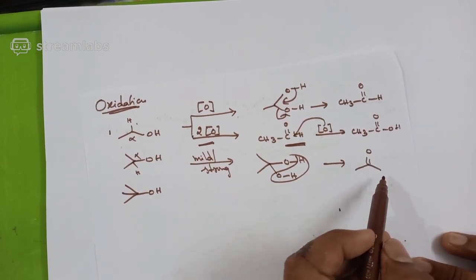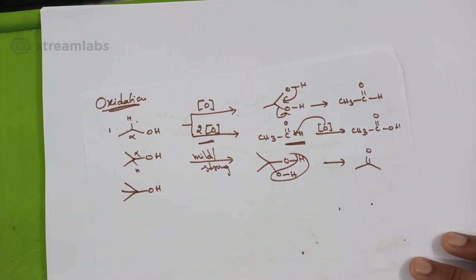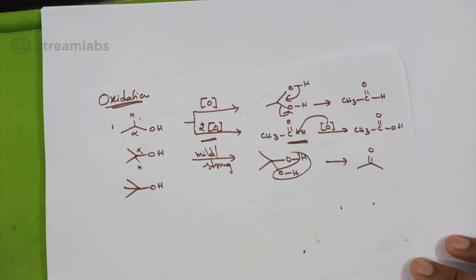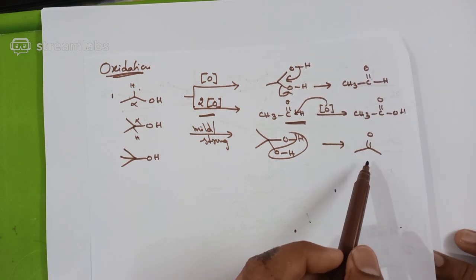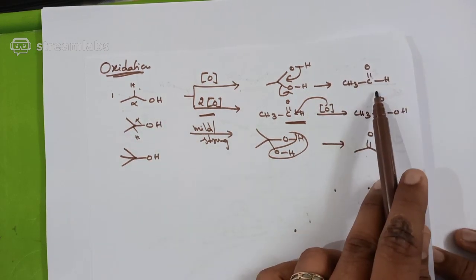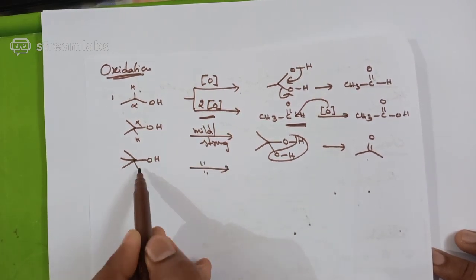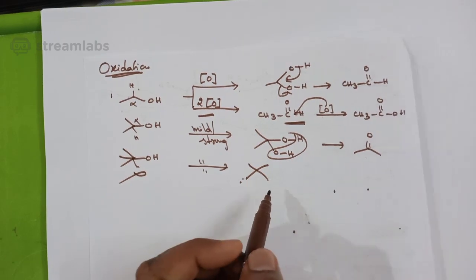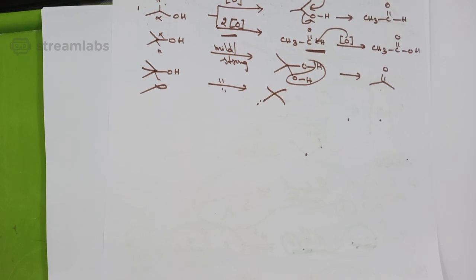There is no other oxygen required here, because ketones never undergo oxidation. Primary alcohol gives aldehydes and carboxylic acid, secondary alcohol gives only ketones, and tertiary has no alpha hydrogen, so no reaction.